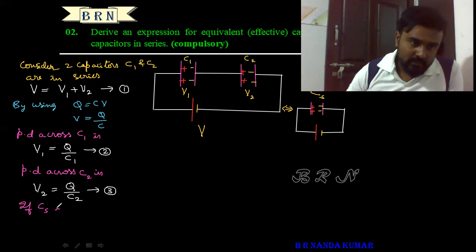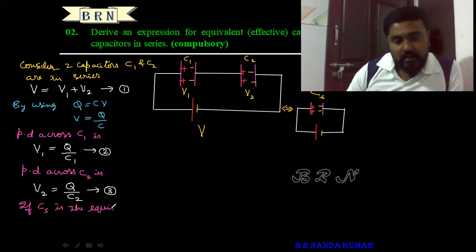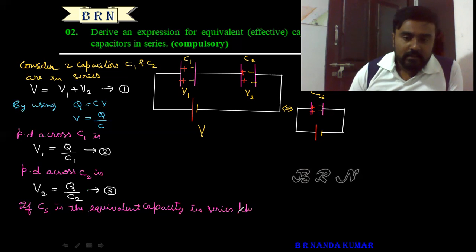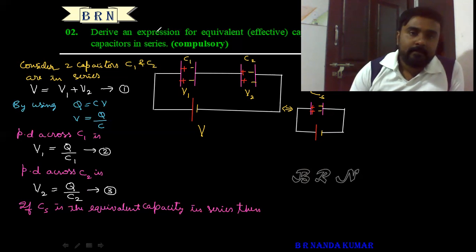If Cs is the equivalent capacity in series, then V is equal to Q by Cs. This is equation number 4.